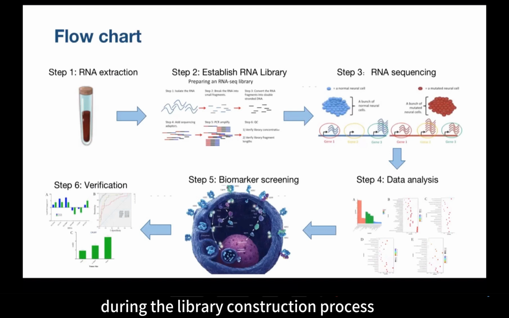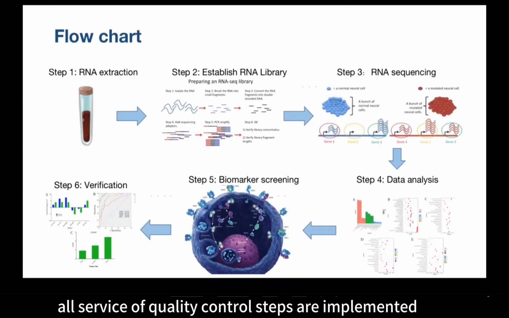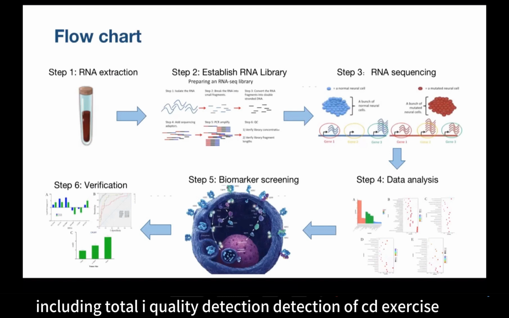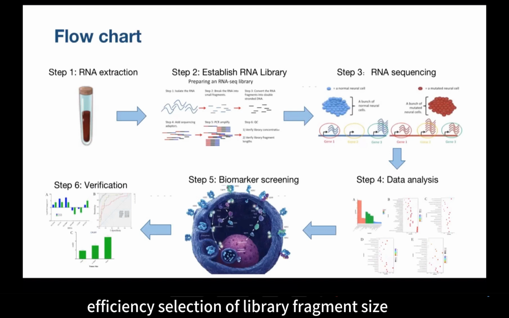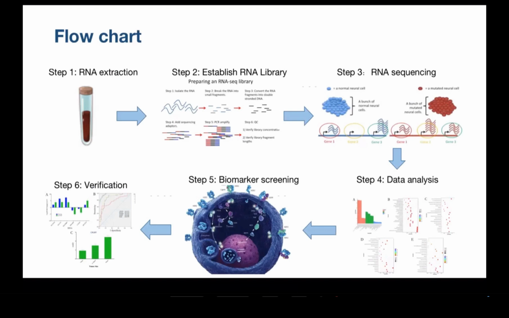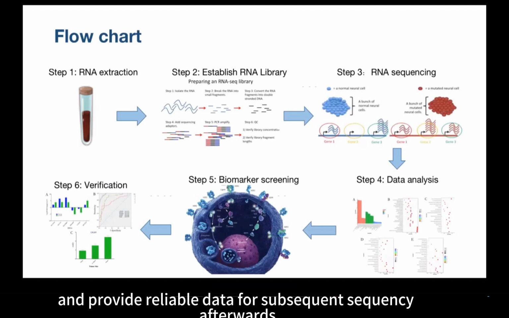During the library construction process, a series of quality control steps are implemented, including total RNA quality detection, cDNA synthesis efficiency, selection of library fragment size, and the evaluation of library concentration. This helps to ensure good library quality and provide reliable data for subsequent sequencing.